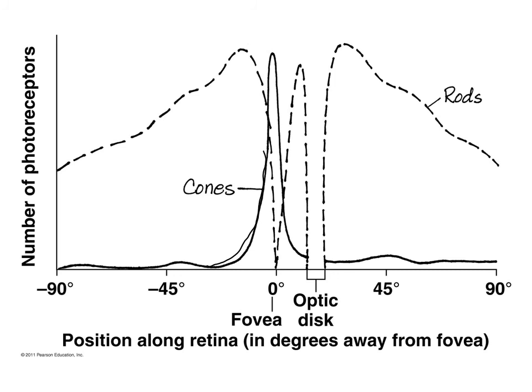And the number of rods, which is in a dashed format, increases as you get away from the fovea. So the rods are more numerous in the rest of the eye, but at the actual spot where you can see the brightest, which is the fovea, you have an awful lot of cones.